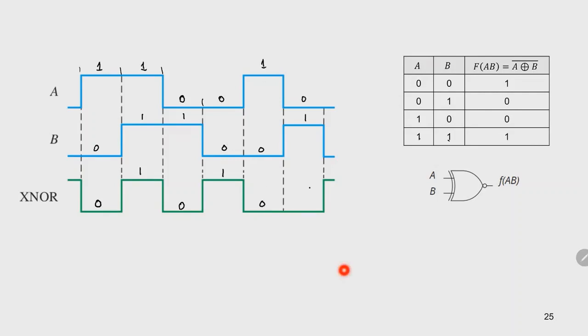And 0, 1 also gives us 0. And then 0, 0 gives us 1. So we can draw out the outputs of this logic frame by frame by referring every frame to the truth table. We can fill up the timing diagram of the output in this way.